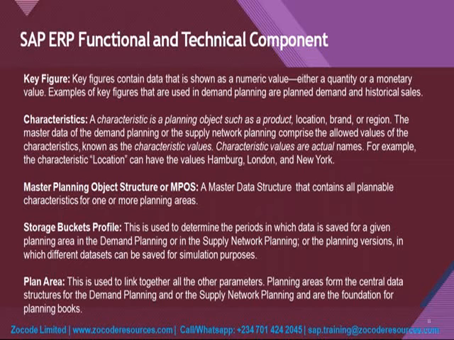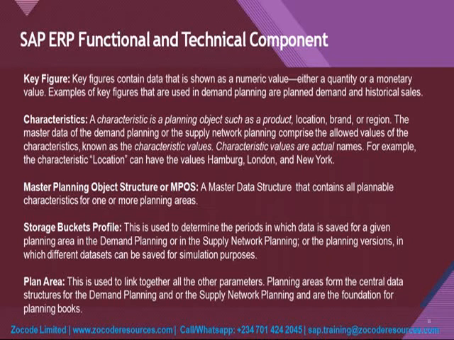The master data of the demand planning or supply network planning comprises the allowed values of the characteristics, known as characteristic values, like locations, names, and so on.